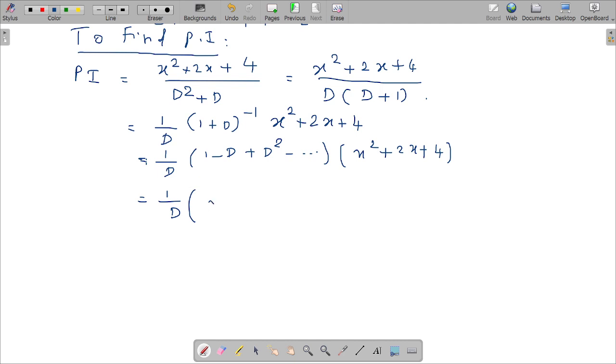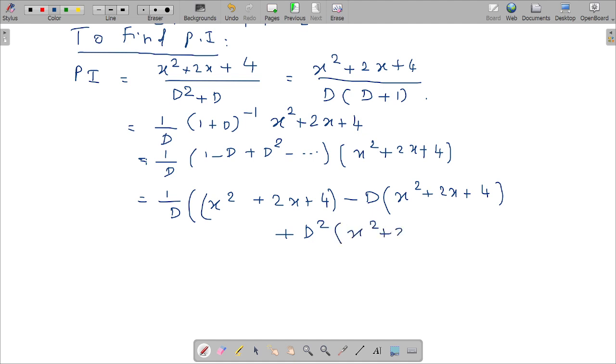That is equal to 1 by D into [(x square plus 2x plus 4) minus D of (x square plus 2x plus 4) plus D square of (x square plus 2x plus 4)].